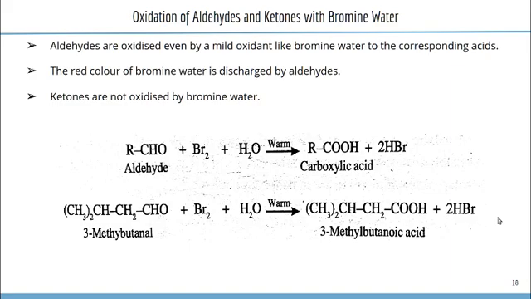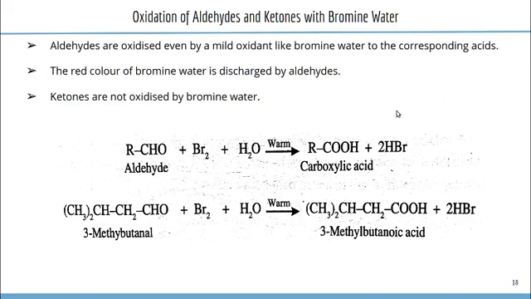So today we have discussed oxidation reactions of aldehydes and ketones with different types of oxidizing agents. First, we discussed oxidation with strong oxidizing agents like acidic KMnO4 and then Jones reagent, etc. Then we discussed the oxidation of aldehydes and ketones with mild oxidizing agents like Tollens' reagent, Fehling's solution or Fehling's reagent, Benedict's reagent, and then bromine water.